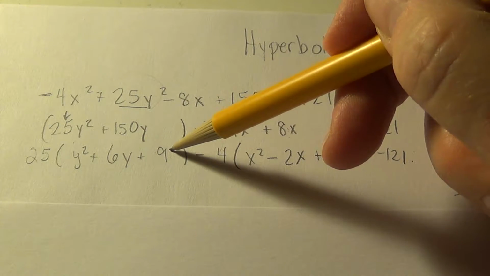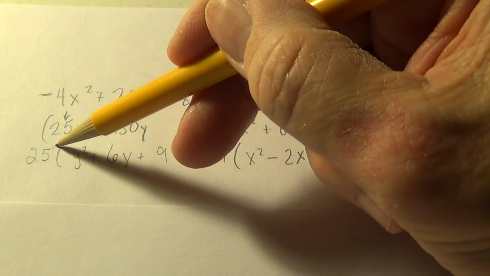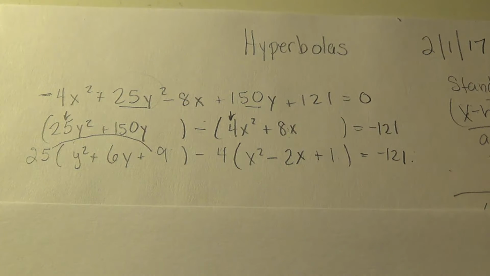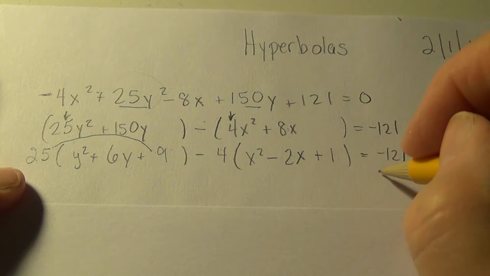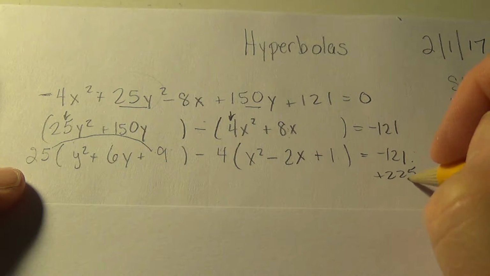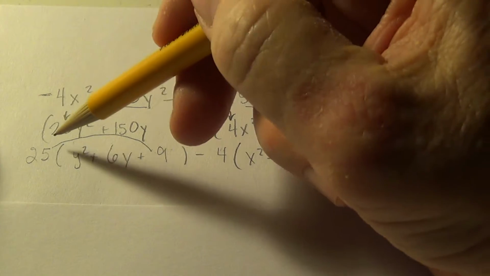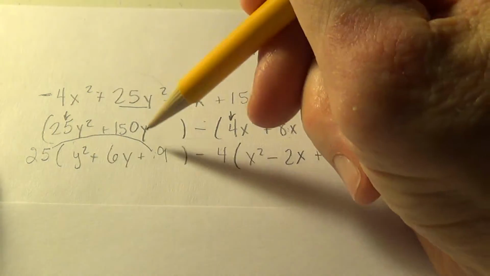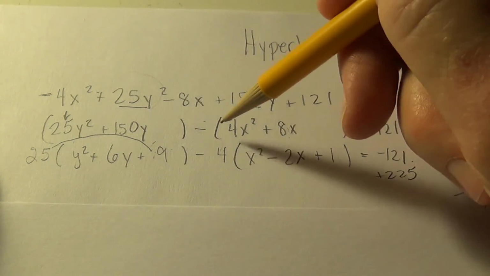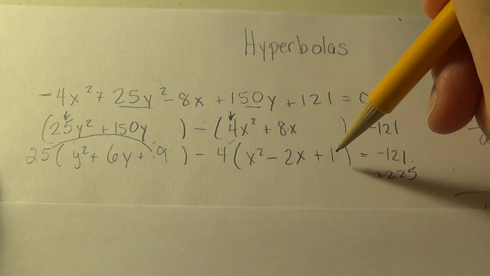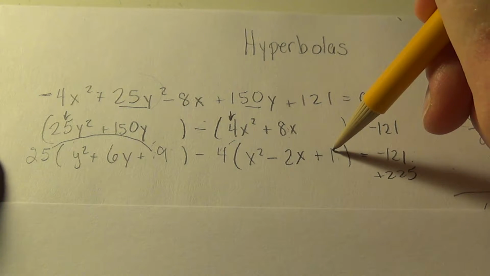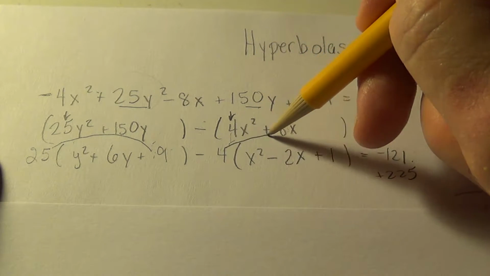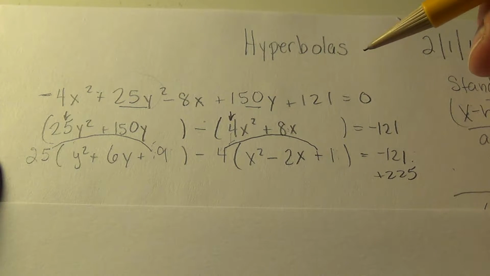It's really a much larger number. It's really a 25 times a 9. So that value, I believe, is 225. So I'm going to have to add 225 over here because I actually added 225 over here. So what did I do here? It looks like a 1. It's masquerading as a 1, but it's really a minus 4.